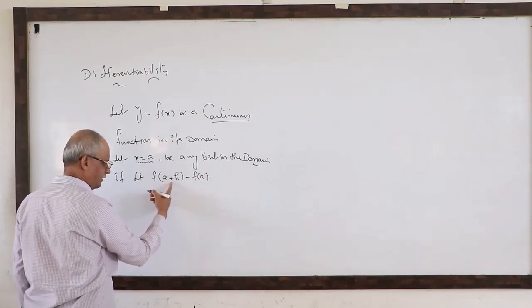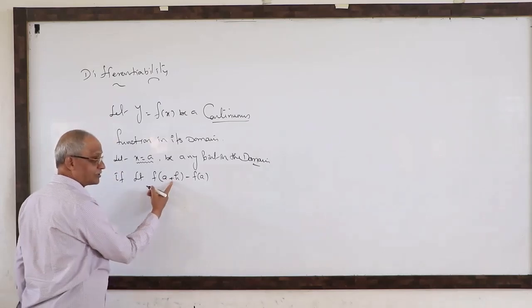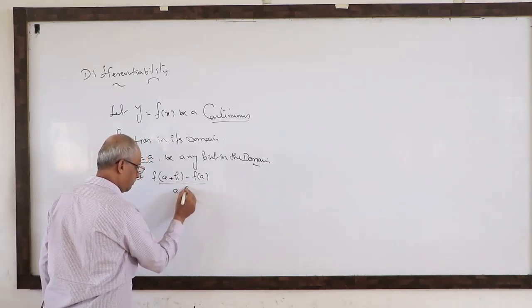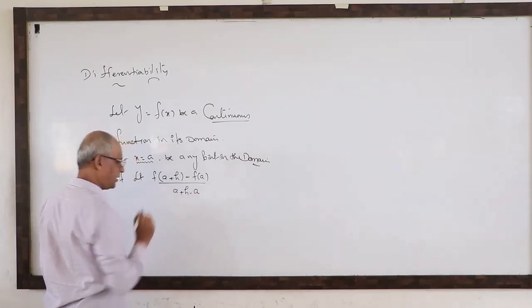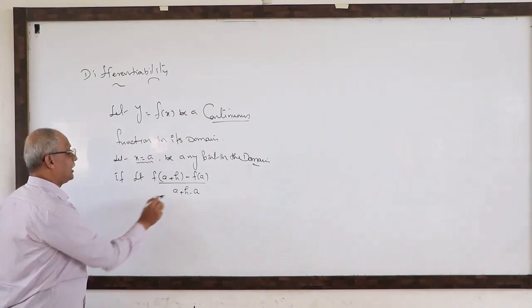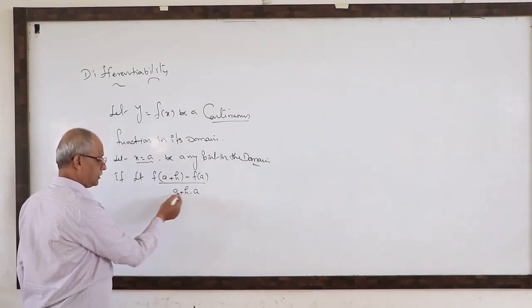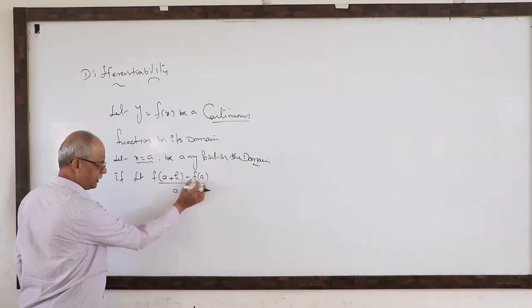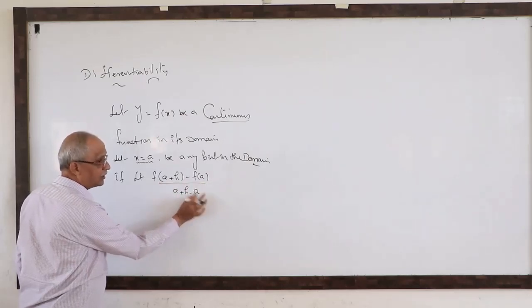On the right hand side of a we are going, plus means that, by a plus h minus a. Cancel a. First we have to write the difference of y coordinates by the difference of x coordinates.